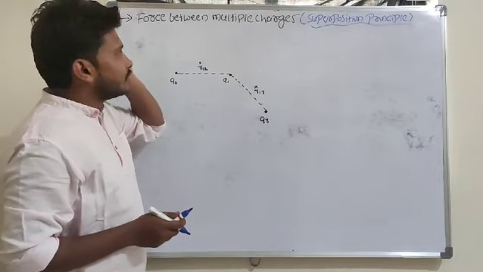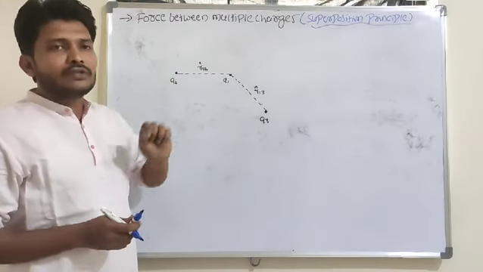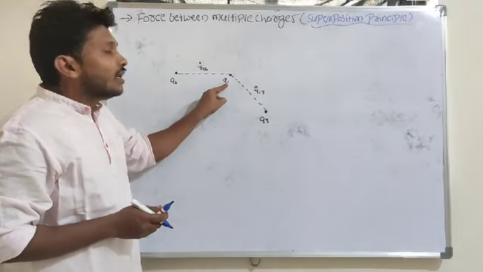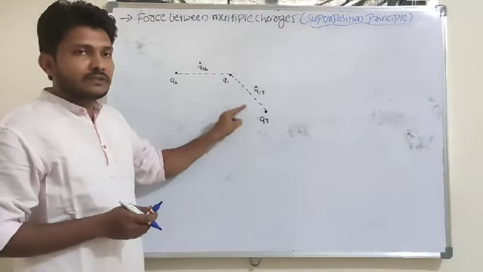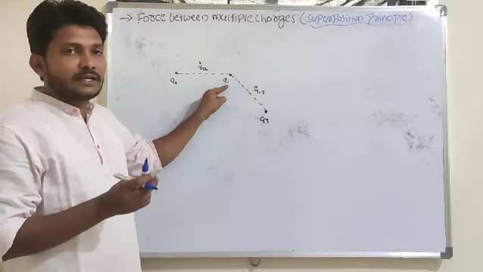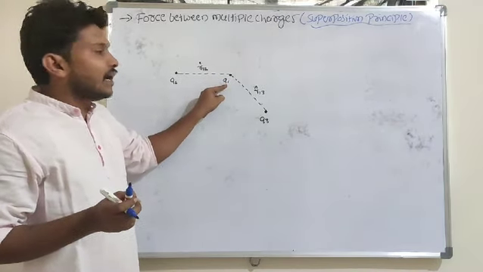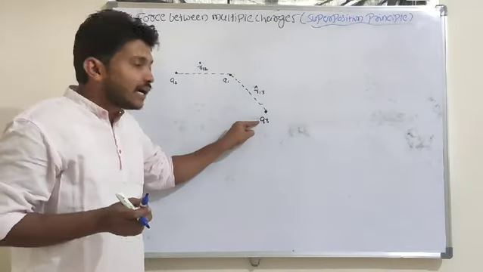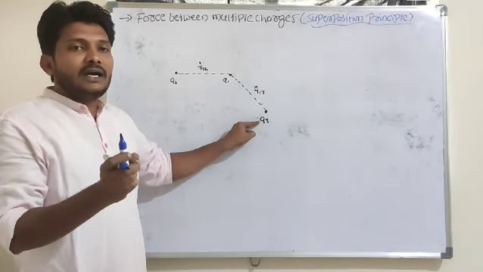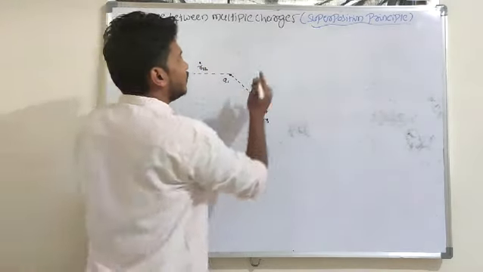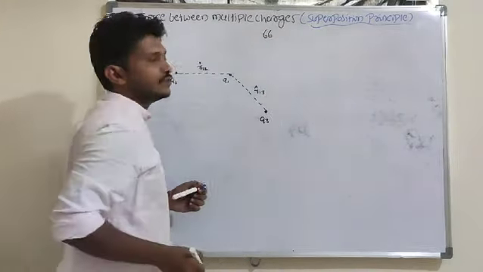So the superposition principle suggests that the force on any charge, for example charge q1, due to other charges is equal to the vector sum of all the forces acting on that charge.